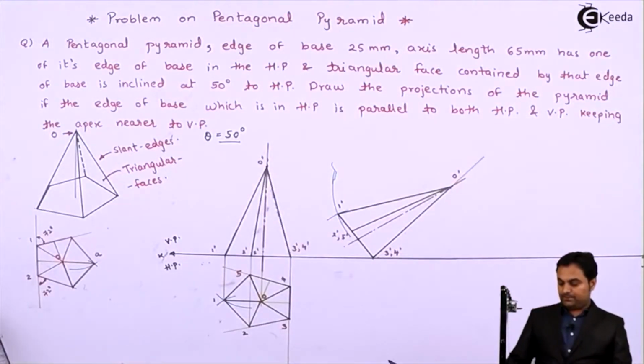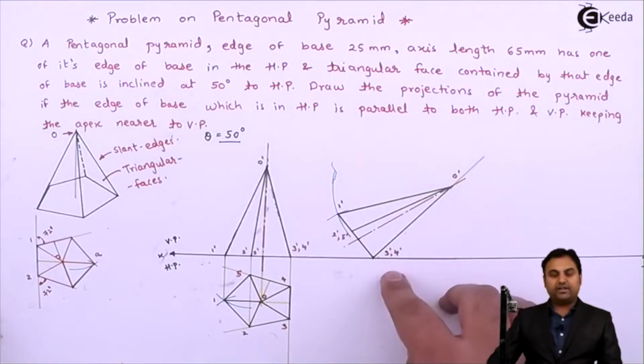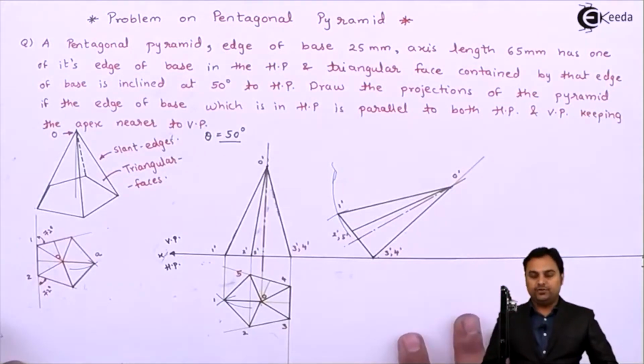So this is the front view of that inclined pyramid in which the triangular face O dash 3 dash 4 dash is inclined at 50 degree to HP.